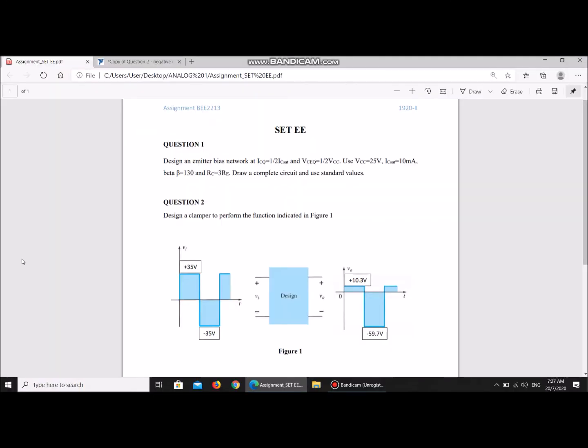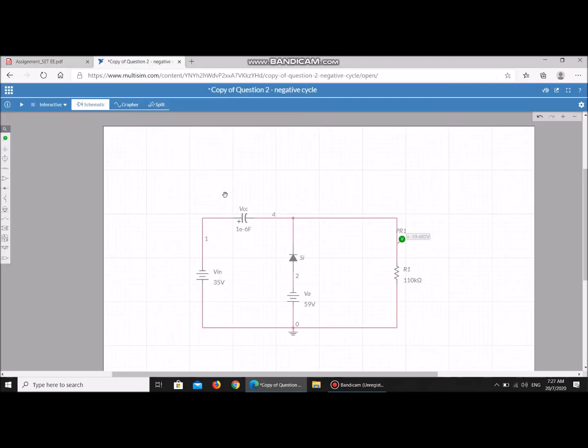Let's proceed to the next cycle, which is the negative cycle. The input will be negative 35 volt, and we will get an output value of negative 59.7 volt. Basically, this circuit is exactly the same as the positive cycle one, but what we change here is the polarity of the DC voltage, the Vin, to get the value of negative 35 volt.